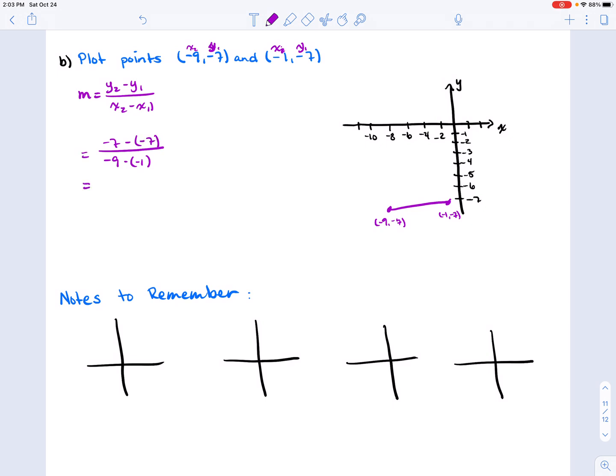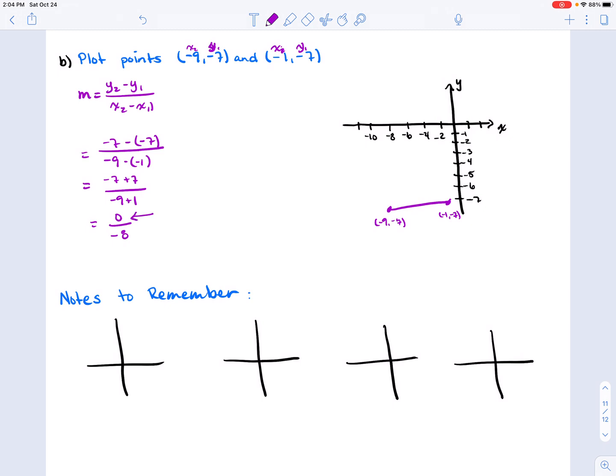And what does that equal? Well, it gives me minus 7 plus 7 on the numerator, and, of course, minus 9 plus 1 in the denominator, which is 0 over minus 8. So what does that actually give me?